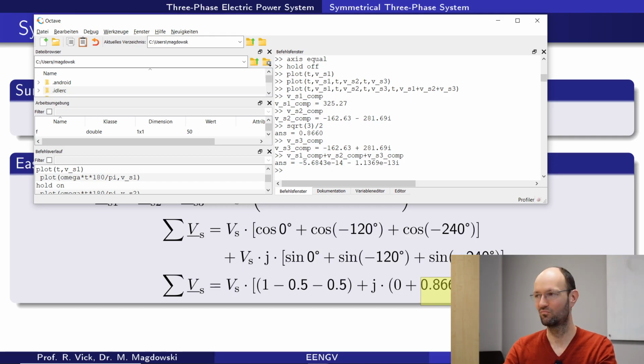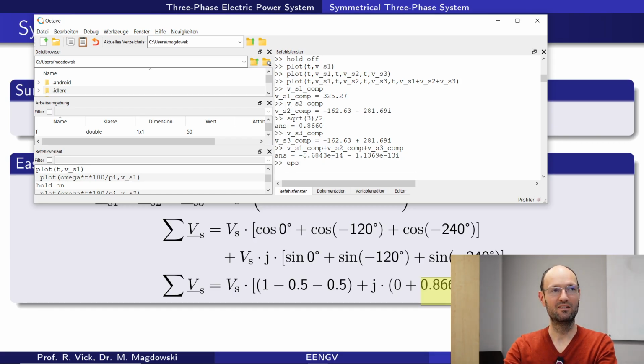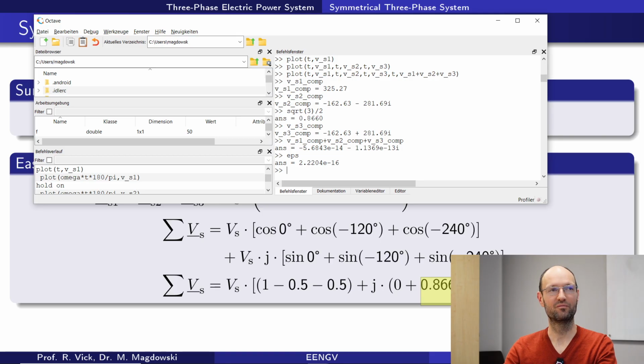So yeah, okay, interesting effect once again. We don't get 0 exactly, but we get something very, very small. And interestingly, it's somehow larger. With EPS, you can get the internal precision of Octave, and the internal precision is something like 2 times 10 to the power of minus 16. Okay, but this is reference to 1, and so our values are a little larger.